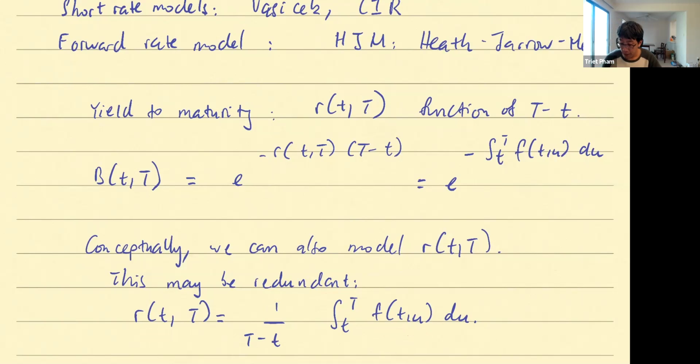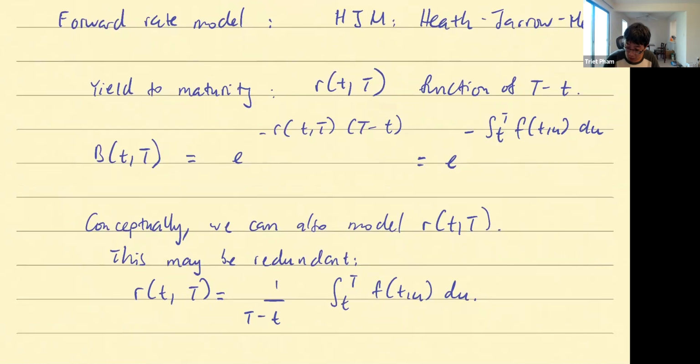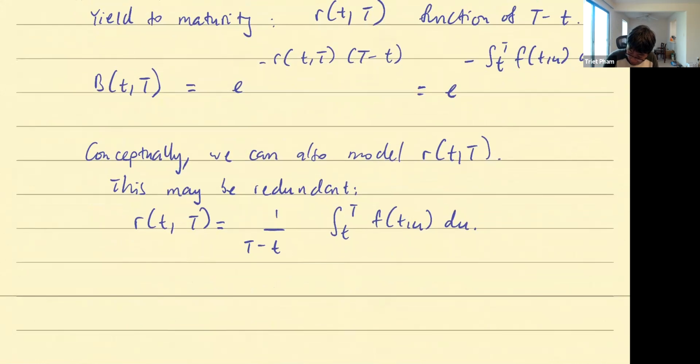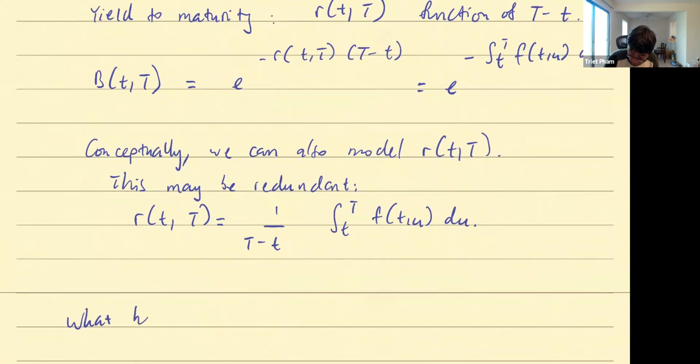So what really happens in practice is that we don't model this. As far as I can tell, I don't know if people really model yield to maturity or not, but I haven't seen it as much so far.